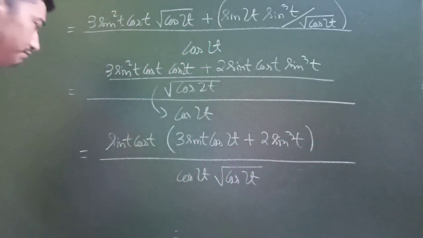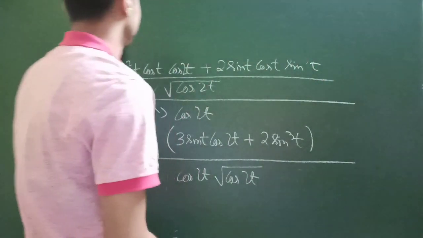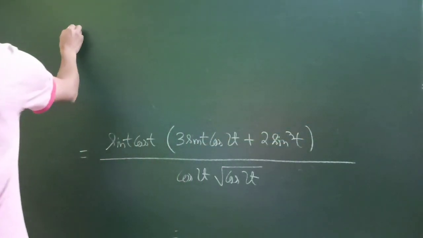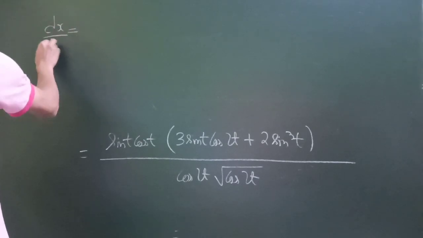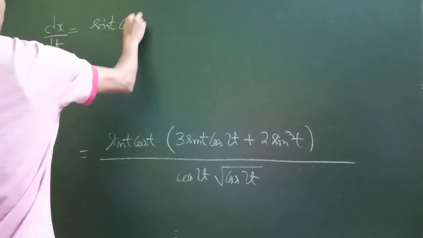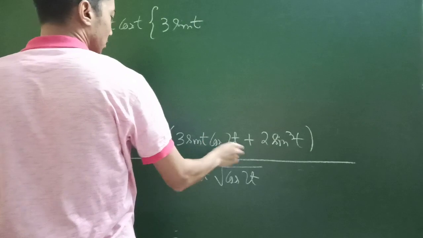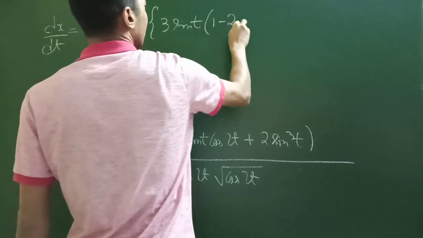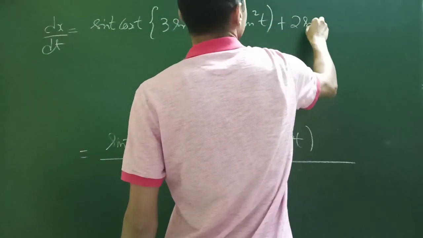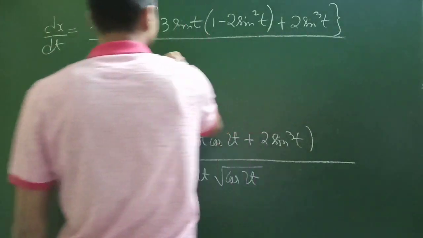Done? You can pause the video and write down the notes. Then sine t cos t, and now what I'm going to do here is 3 sine t, and for cos 2t I can use 1 minus 2 sine square t. You have that formula from trigonometry. Plus 2 sine cube of t. The denominator remains.